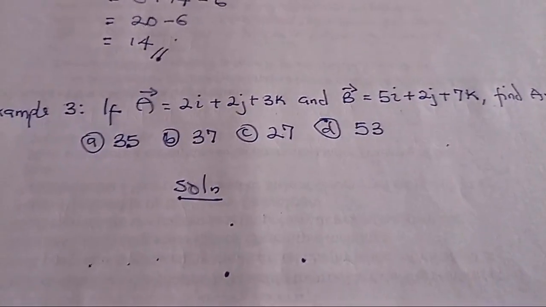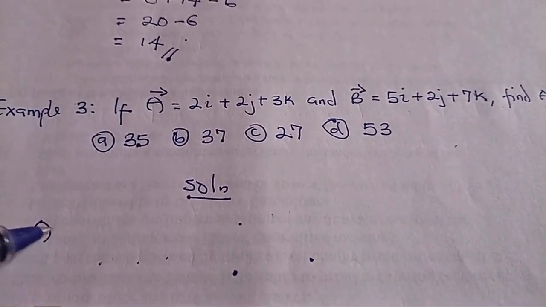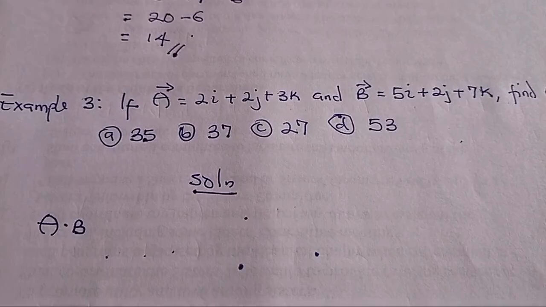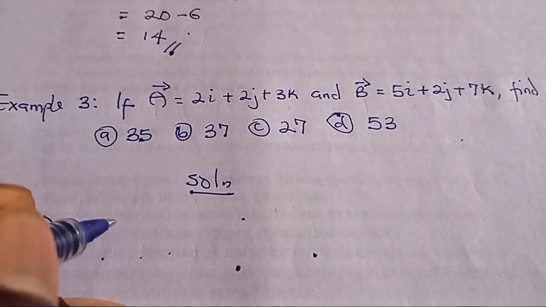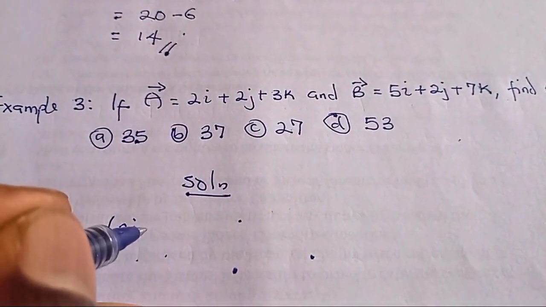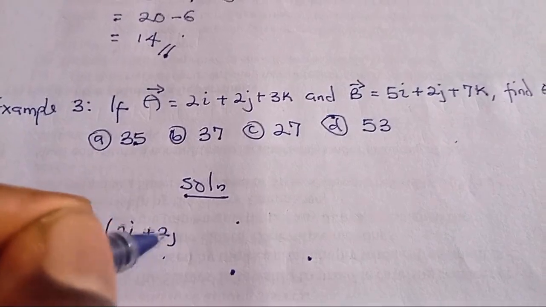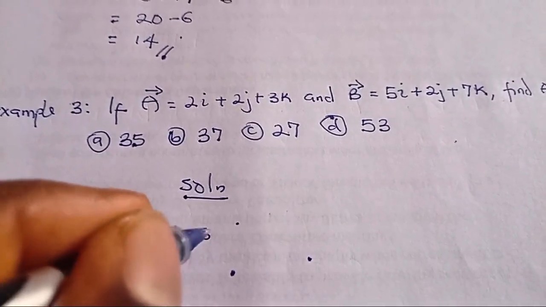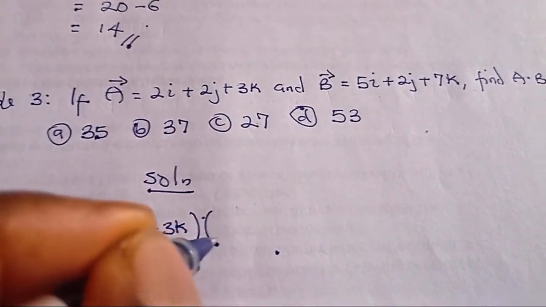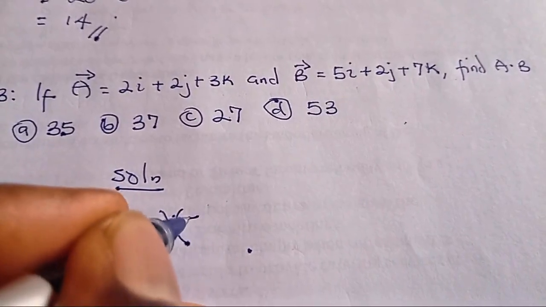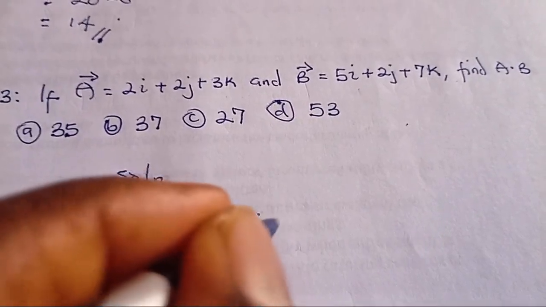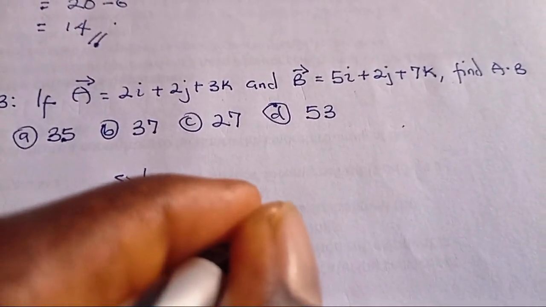So A dot B, which is the required task for us to do, is equal to vector A, which is 2i plus 2j plus 3k, multiplying vector B, which is 5i plus 2j plus 7k.